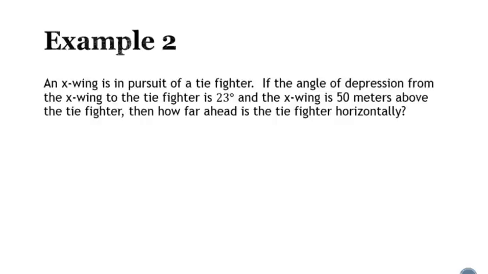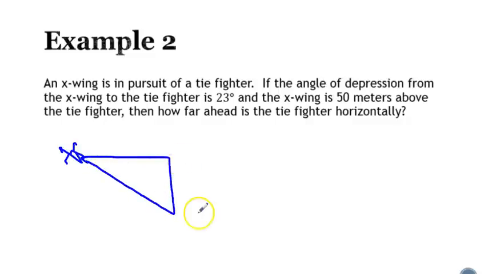For this next example, we're still doing an angle of elevation or depression. Specifically, we're going to compare the angle of elevation we just did to an angle of depression question. So what we're given is that there is an X-wing in pursuit of a TIE fighter. If you don't recognize those terms, that's fine. These are just Star Wars ships. So we have an X-wing, so that's one ship, and it's looking down at another object in the distance.